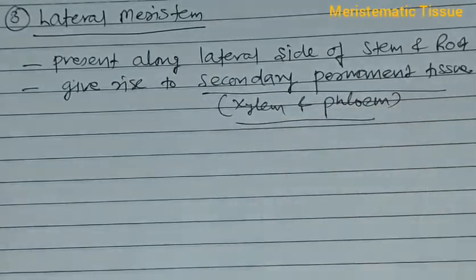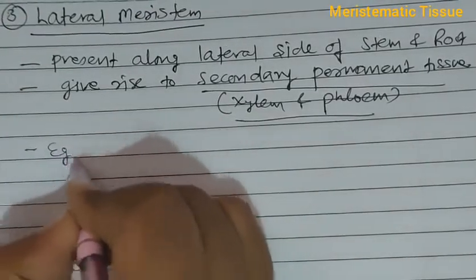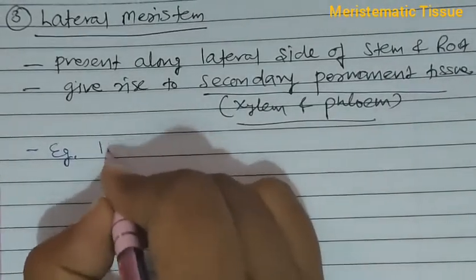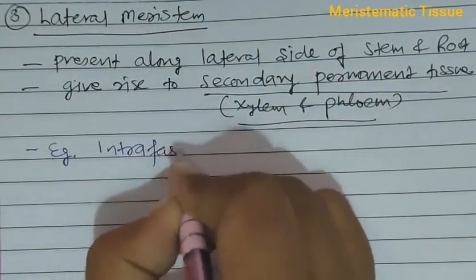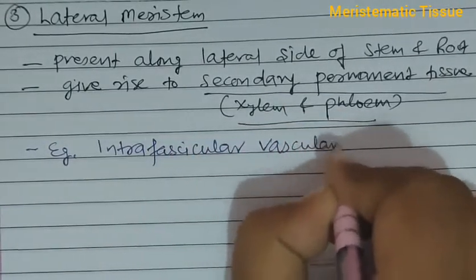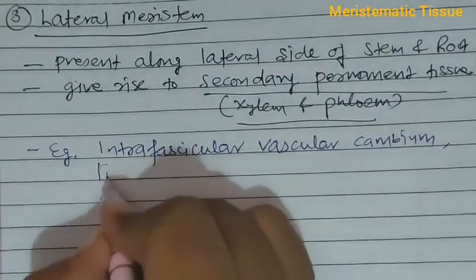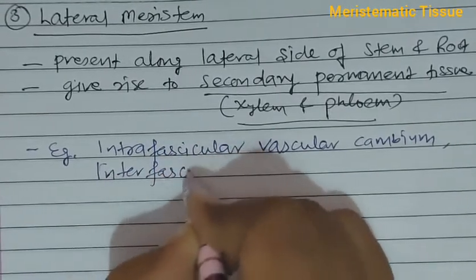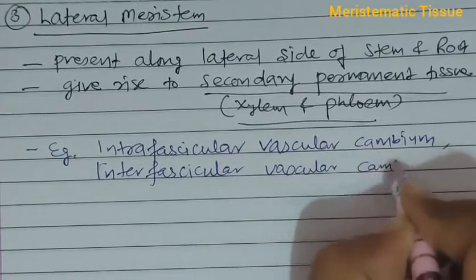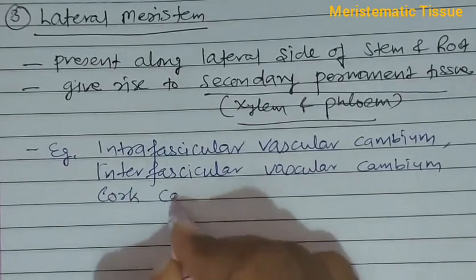So this secondary permanent tissue, xylem and phloem, is derived from the lateral meristem, and the types of lateral meristem are intrafascicular vascular cambium, interfascicular vascular cambium, and cork cambium.